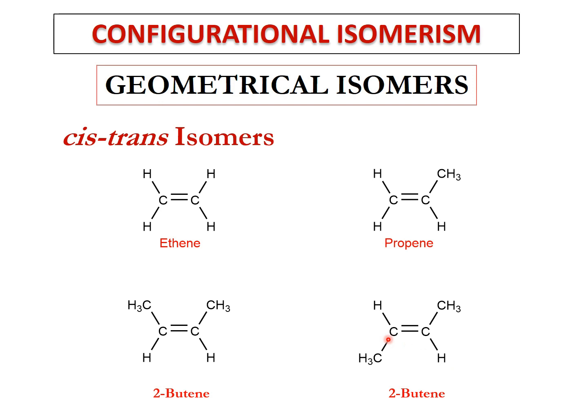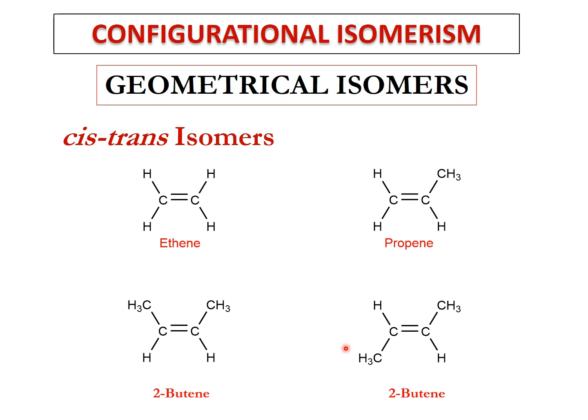Now, it's just the difference of the relative orientation of these CH3 or hydrogen atoms that make these two molecules different from each other. Their molecular formula is the same. Both have 4 carbon atoms and 8 hydrogens.